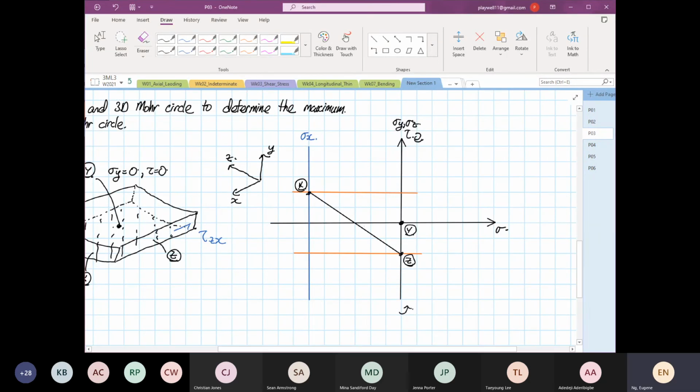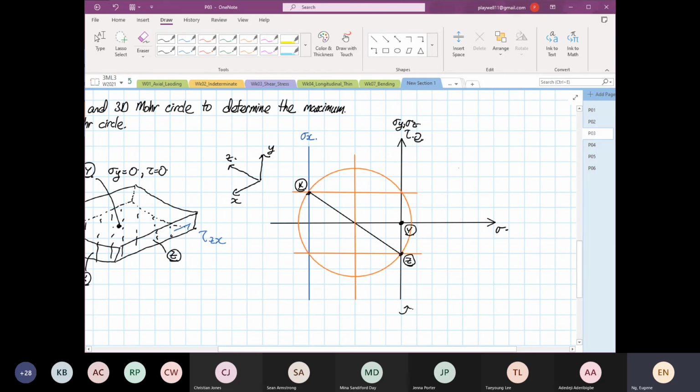So we know where our center of circle is. Now this is a sketch, I highlight again, this is just a sketch. So that's our center of circle. Now we can draw more circles.